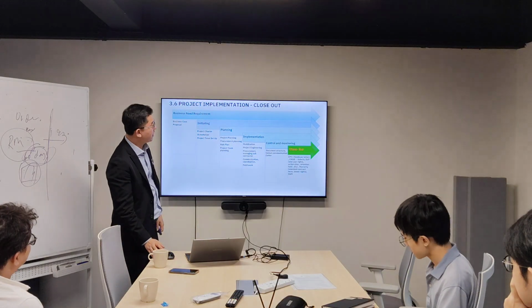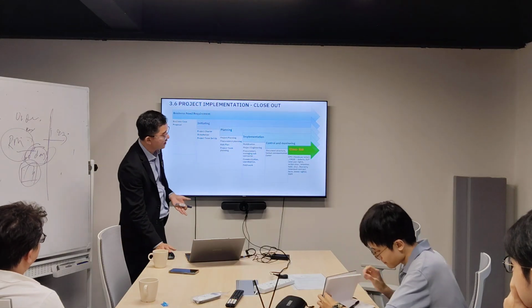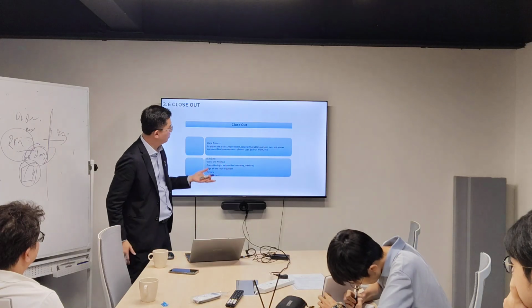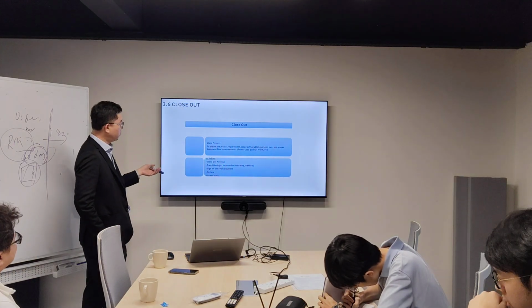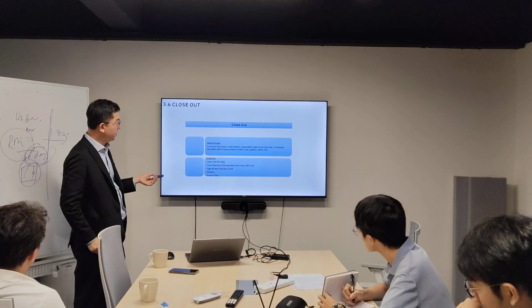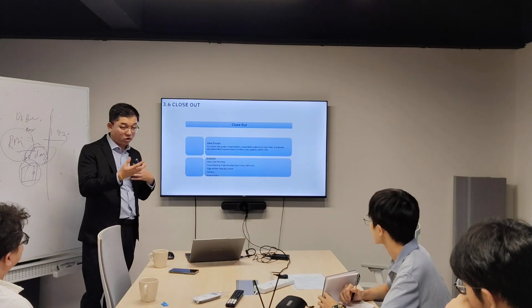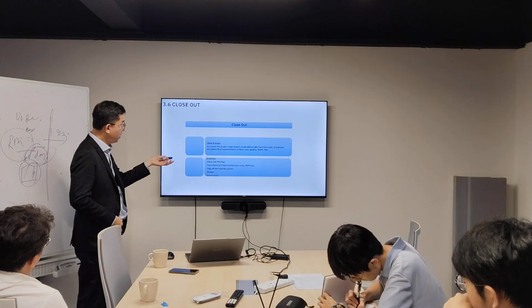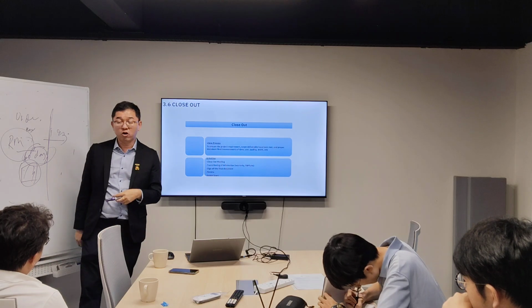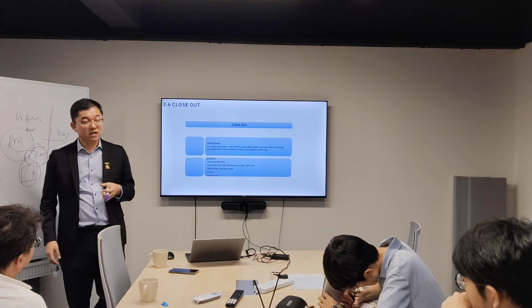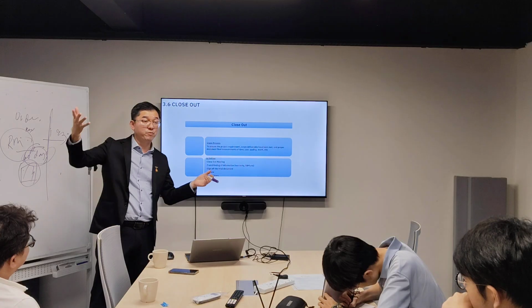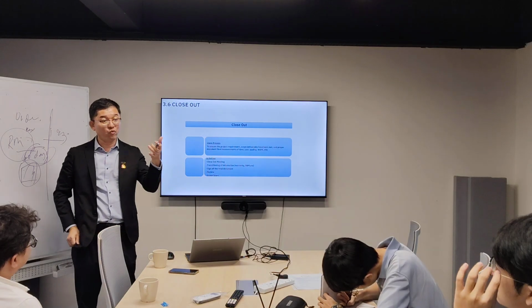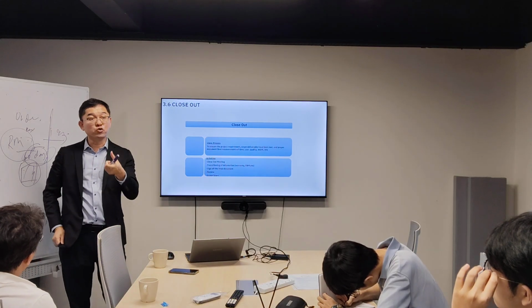So this is the close up. Basically in close up, these are the documents that need to be involved. So we need to have a close up meeting. We need to transfer all the documents, the O&M documents. O&M stands for operation and maintenance manual documents. Some equipment has a product manual and also O&M, on how to use it, right?